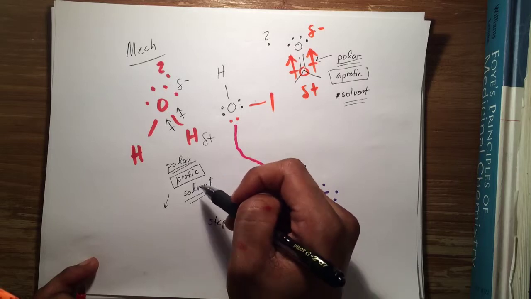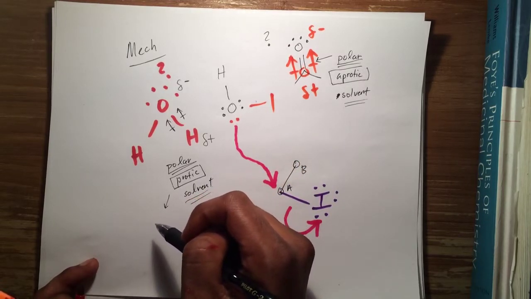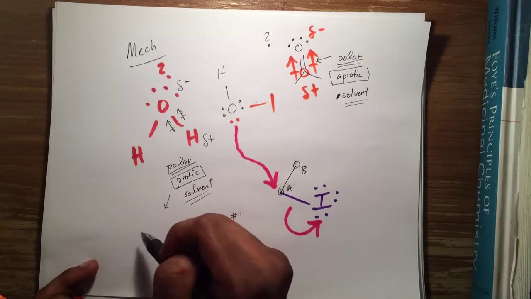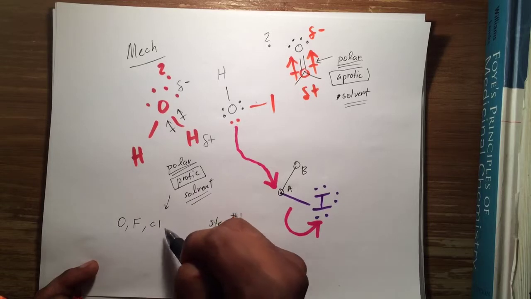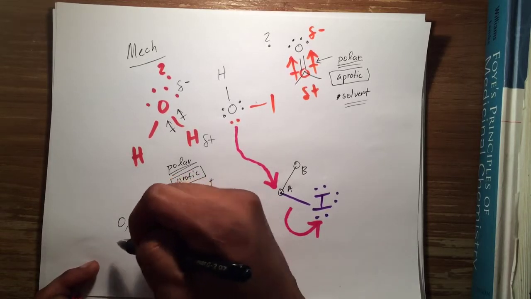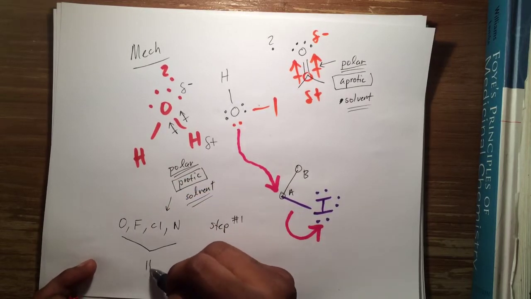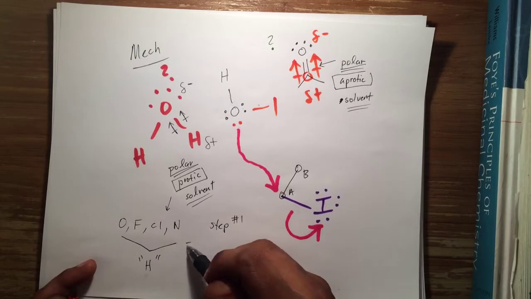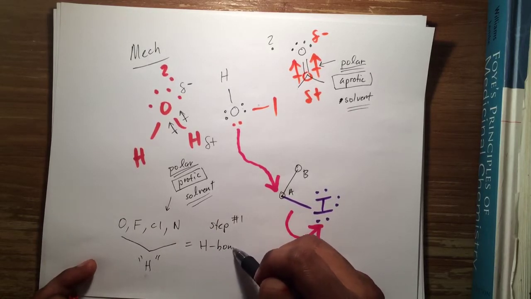A polar protic solvent is going to exhibit hydrogen bonding. Or what I mean is you're going to have oxygen, fluorine, I believe chlorine can be connected, I think nitrogen can be connected. If you got any of these atoms directly connected to hydrogen, then that bond between the two is going to be an H bond.